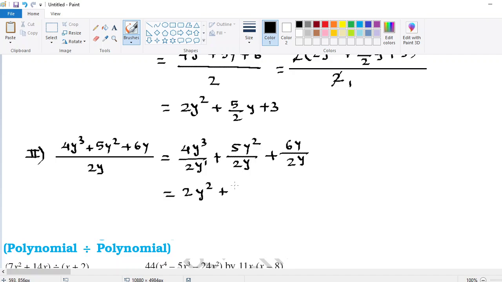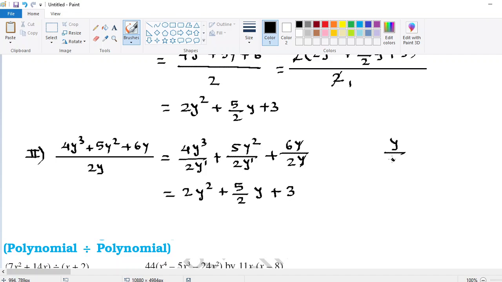Now 5 is not an exact multiple of 2, so we write this as 5 upon 2, and y square upon y is y raised to 2 minus 1, that is 1, which can be written as y. Now here we can cancel this y, and 6 upon 2 is 3.